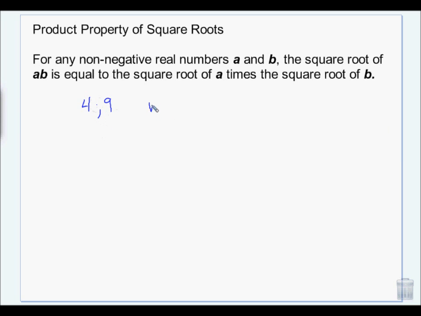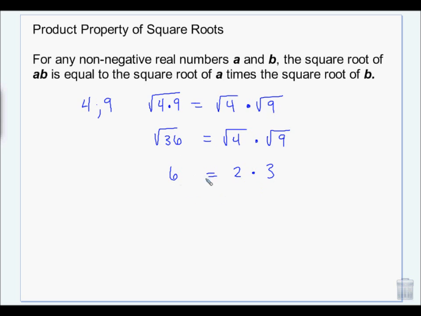The square root of 4 times 9 is the same thing as the square root of 4 times the square root of 9. And we can prove this. Square root of 36 is 6. 6 is the same as 2 times 3. Okay, so this is kind of your proof that this is true.